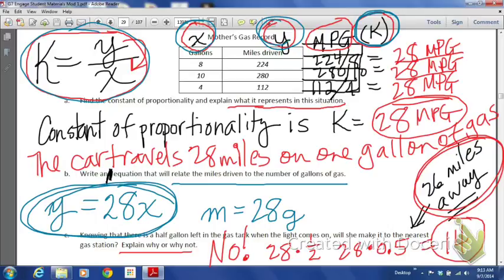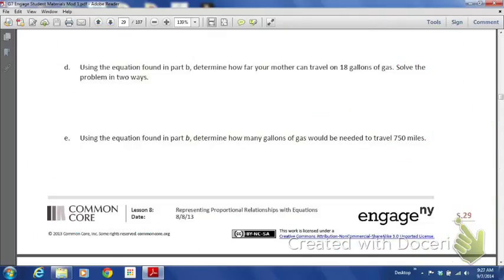Okay, so let's go ahead and move on to D. D asks us, using the equation found in part B, determine how far your mother can travel on 18 gallons of gas. Solve the problem in 2 ways.